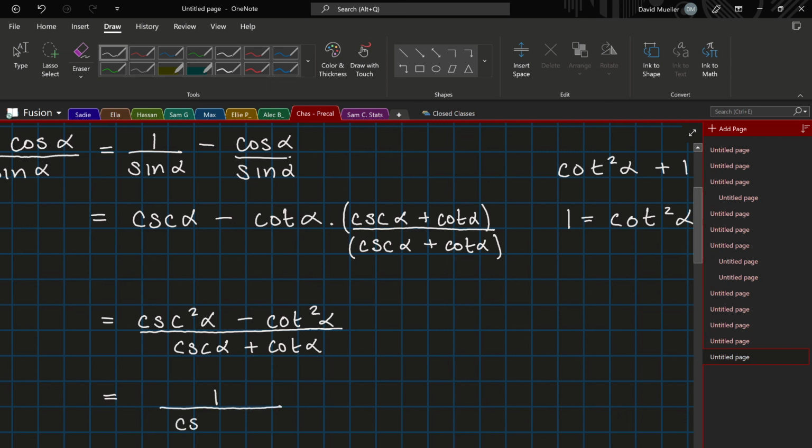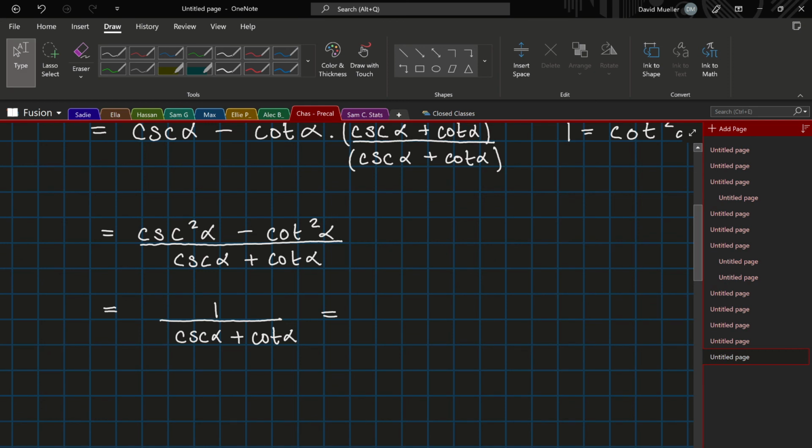And then we could get the cosine and the sine for cotangent.